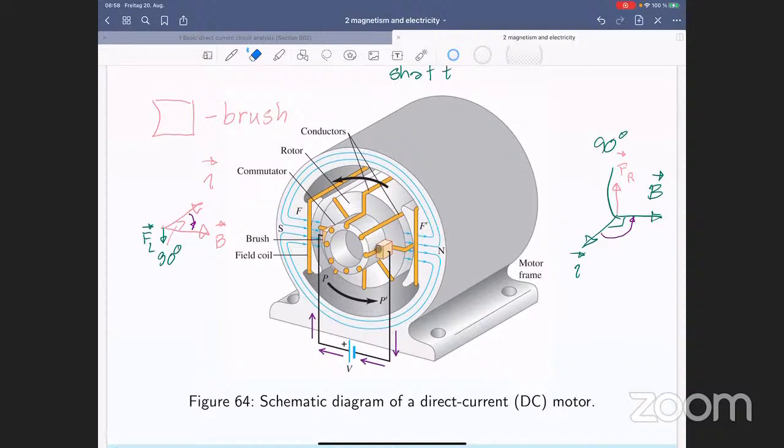You know that the brush gets smaller when it has friction. And after some time, when you use the motor for several hours, the brush is going to diminish.